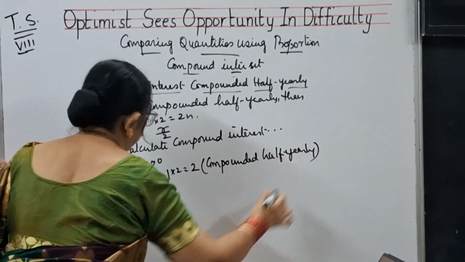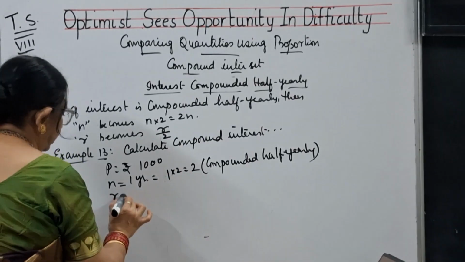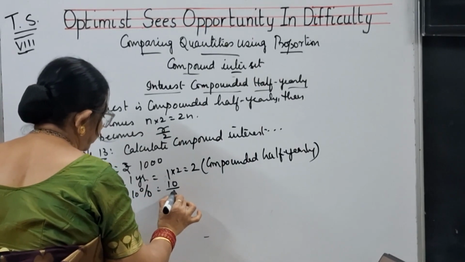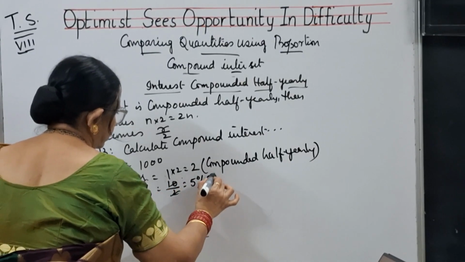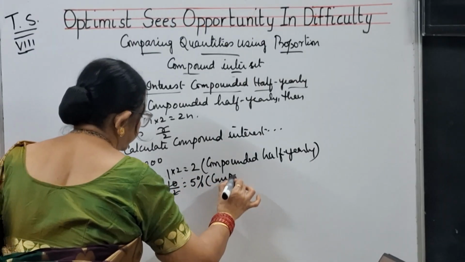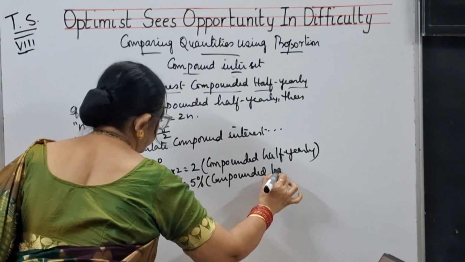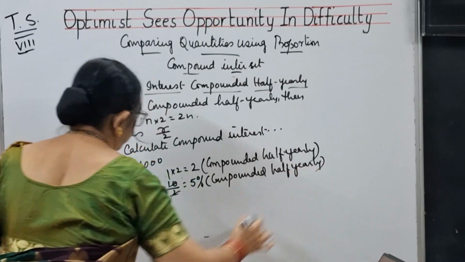This is the reason why n becomes 1 into 2. R is 10%, means 10 by 2, that is equal to 5%. The reason is the same, compounded half yearly. This is the reason why you have reduced it.